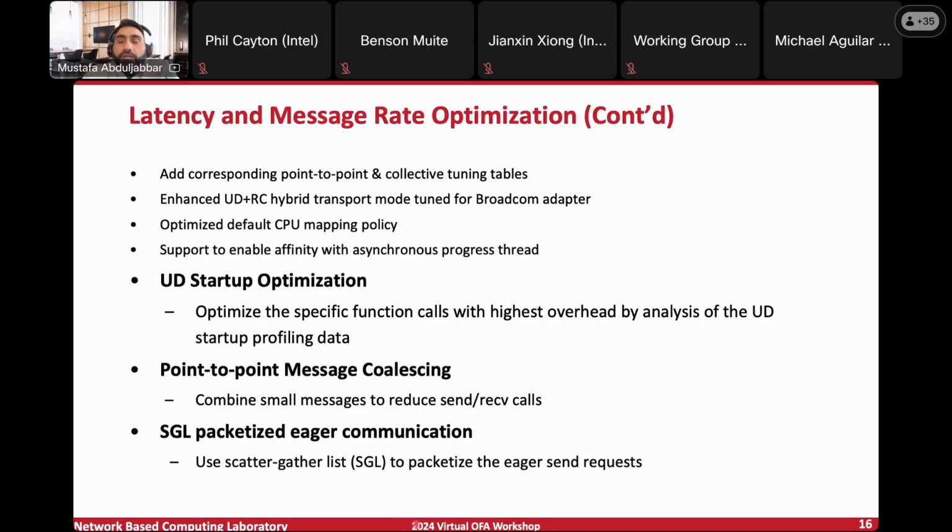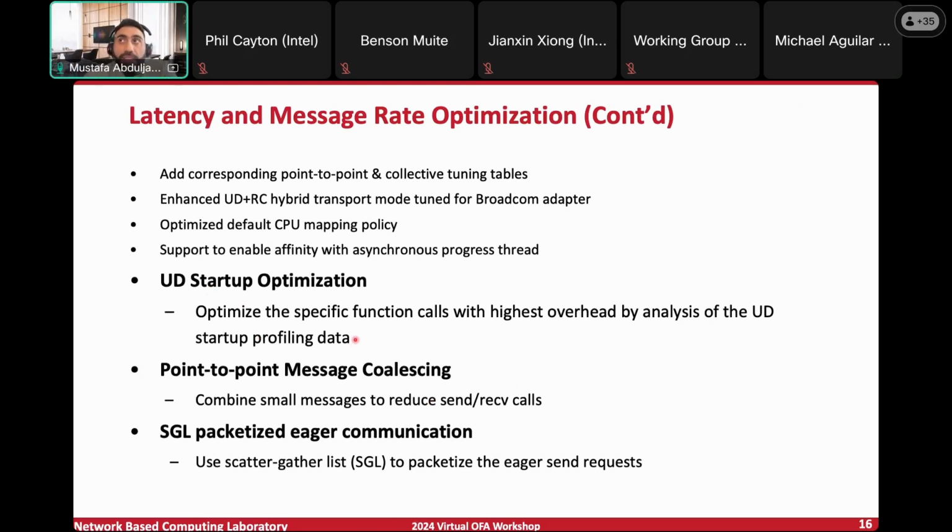Moving on, there are 3 other schemes that we've adopted. I spoke in the beginning about the UD performance. So one of the issues with UD was the startup overhead, which was taking a significant amount of time.